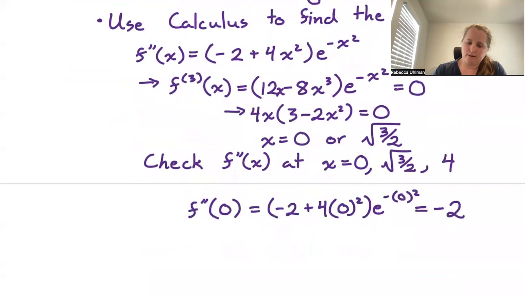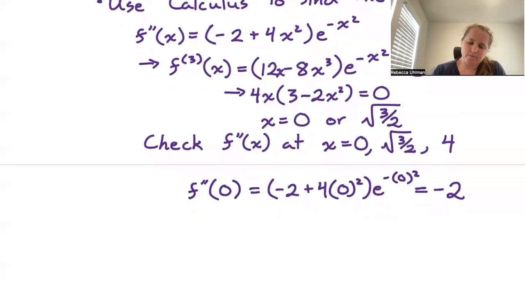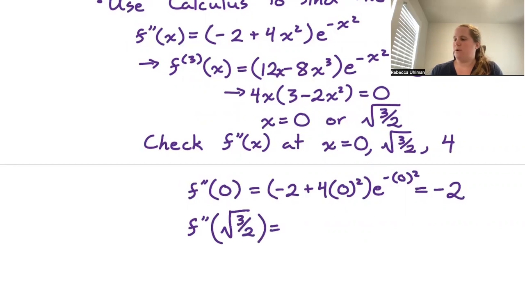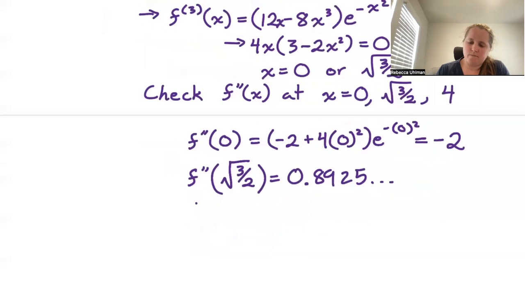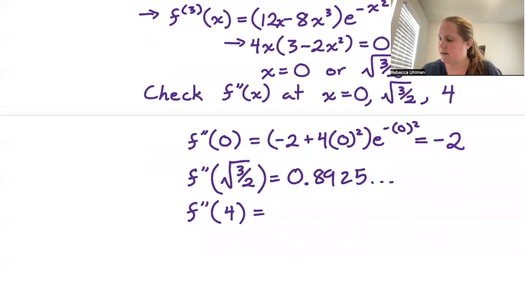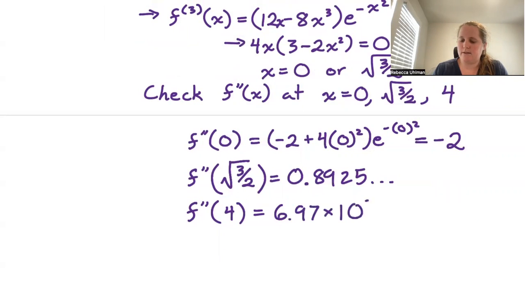If we plug in the square root of 3/2, we wind up getting 0.8925. And if we plug in 4, we wind up getting 6.97 times 10 to the negative 6.